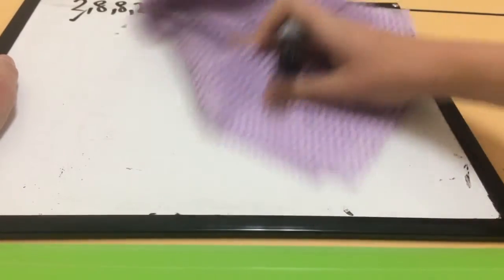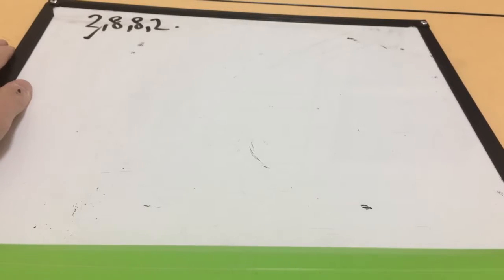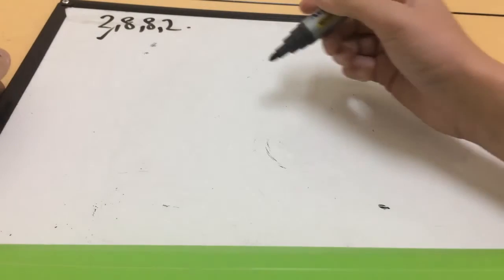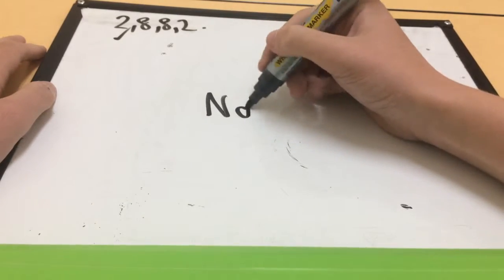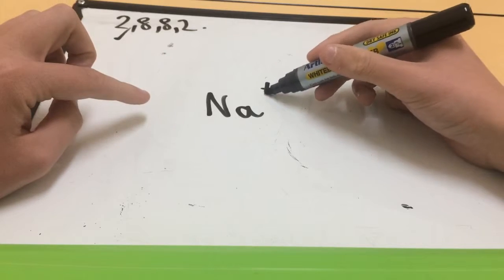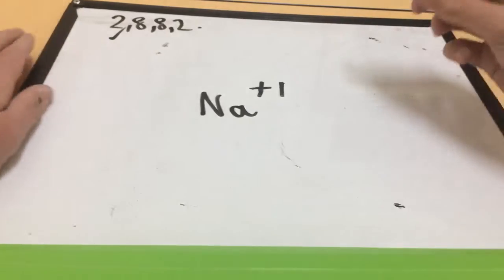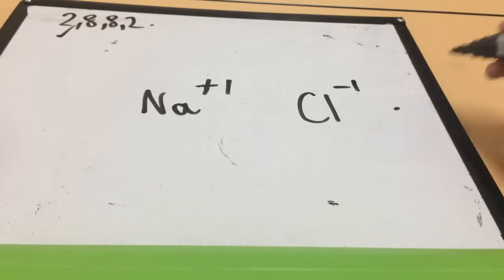So now that it's lost its electron, it's going to have a charge. And these charges of elements, we call ions. Or compounds, we call ions. So the sodium has given one. If it gives one, it's now Na plus, or plus 1. And the chlorine has accepted one.